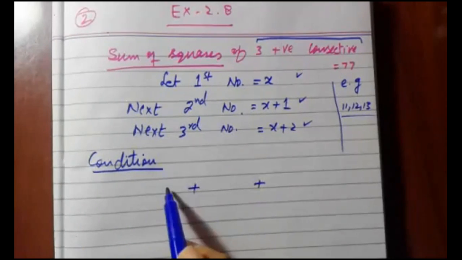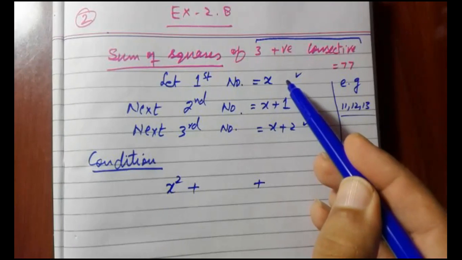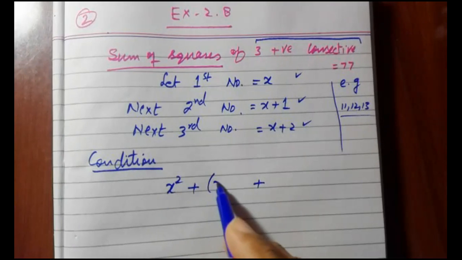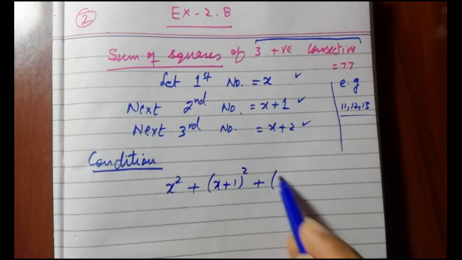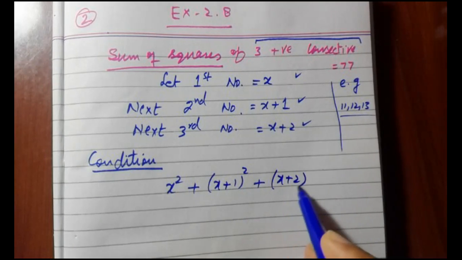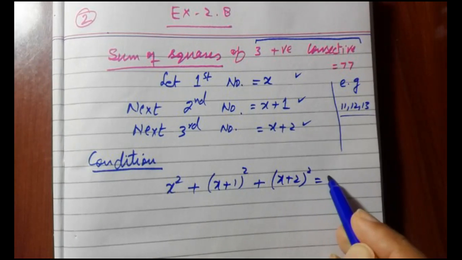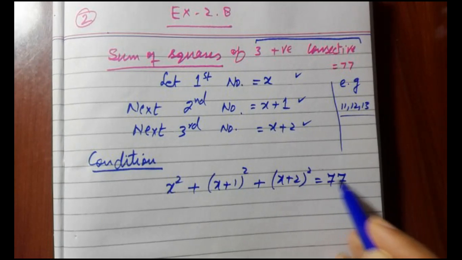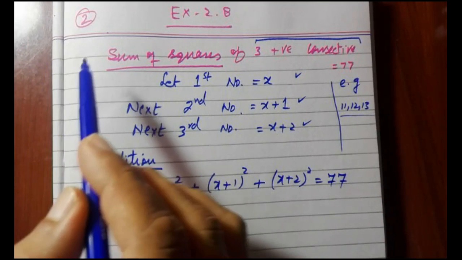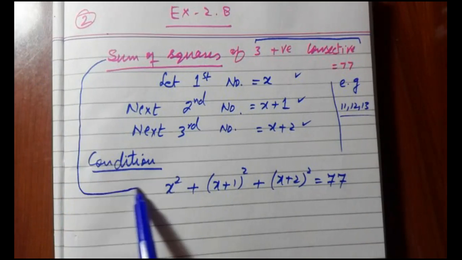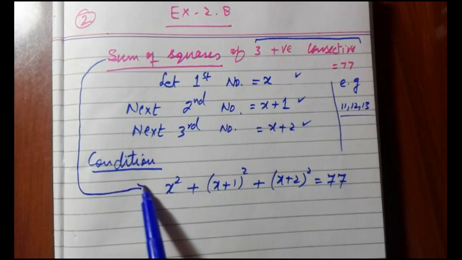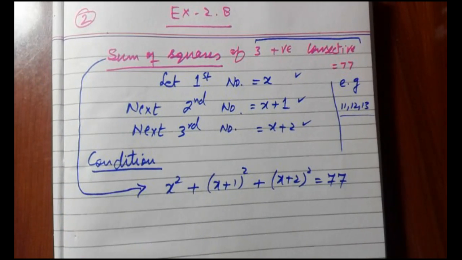So first you will take the square of these three assumed numbers, x square, x plus 1 whole square and x plus 2 whole square, and this is written as equals to 77. This is a condition. Sum of squares is the translation of this phrase: sum of squares of three positive consecutive numbers.